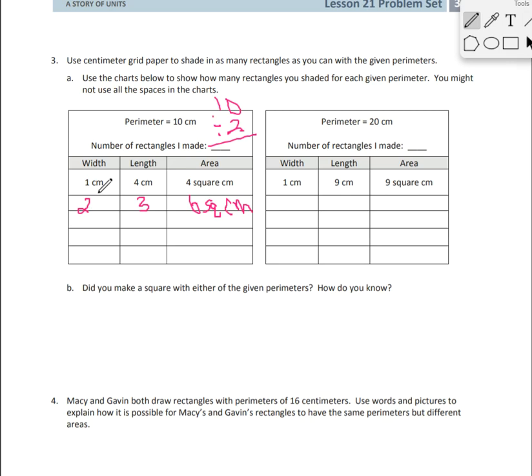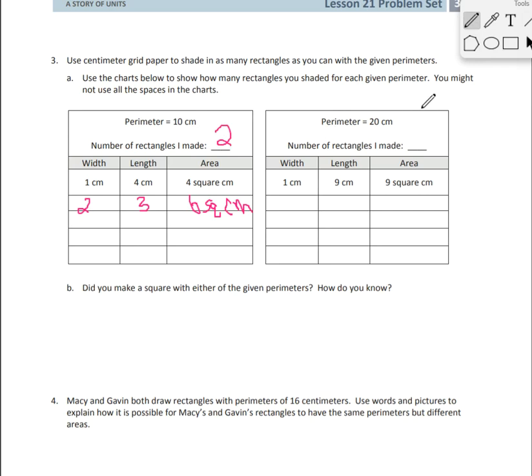I have a width of 2 and a length of 3. And we have to ask ourselves, is there any other way to add 2 numbers together to make 5? We've done 1 and 4 and gotten 5. We've done 2 and 3, which adds up to 5. Unless I add 5 and 0, there is nothing else that I can do here. So I'm going to go ahead and say that I have made 2 rectangles.